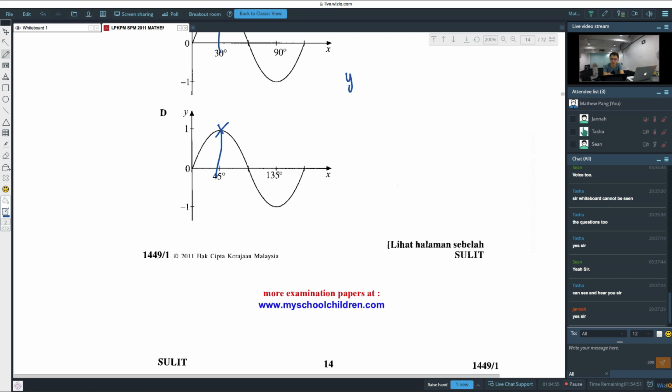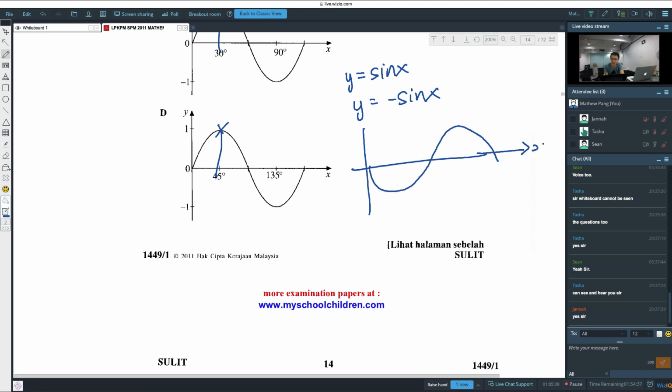Just now it was y equals sine x. But what happens if I have y equals negative sine x? The graph from just now will go the other way. Your minimum will be at 90 degree, your maximum will be at 270 degree. So it's totally opposite.